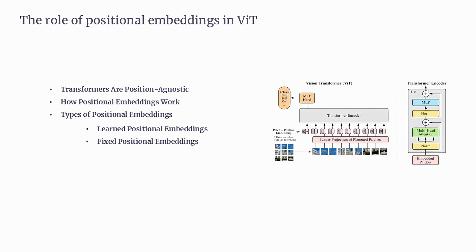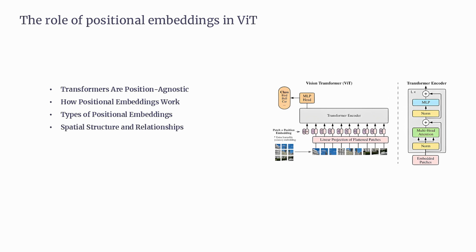Fixed positional embeddings. Alternatively, fixed position encodings, often sinusoidal, can be used. This approach is inspired by the original transformer model used in NLP tasks, like BERT. However, ViT typically uses learned positional embeddings to provide more flexibility in capturing the spatial structure of images.